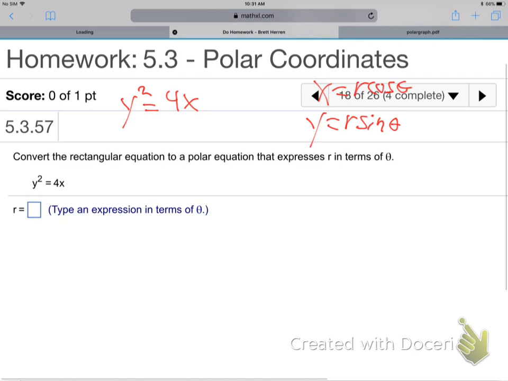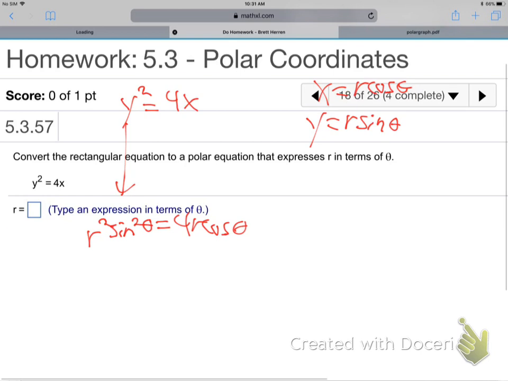So y squared is r squared sine squared, and x is r cosine. Good there. And is that good so far?